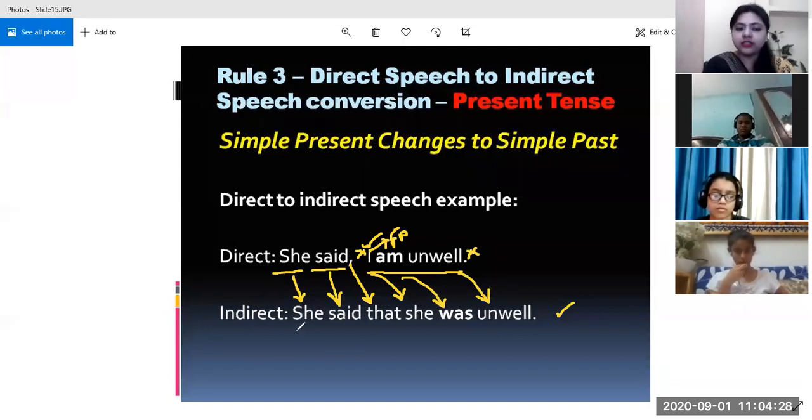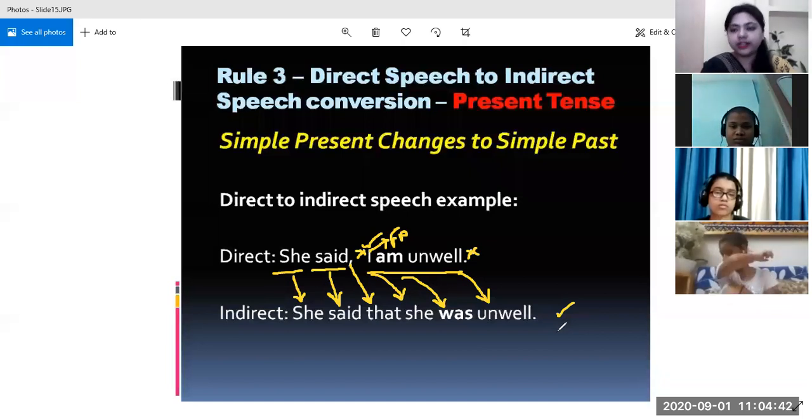So we cracked how to transform a direct speech into indirect speech when the direct speech is in simple present tense. So she said that she was unwell. This is how we transform a direct speech into indirect speech when the direct speech is in simple present tense. All right.